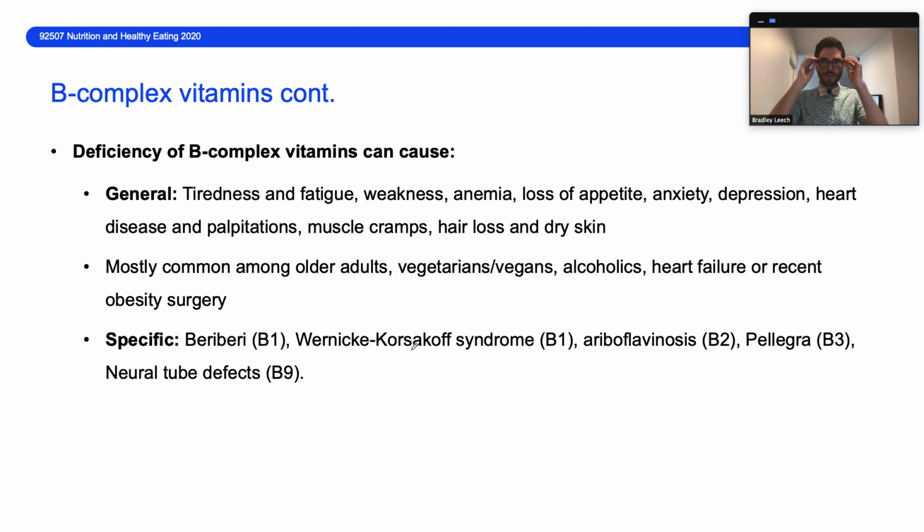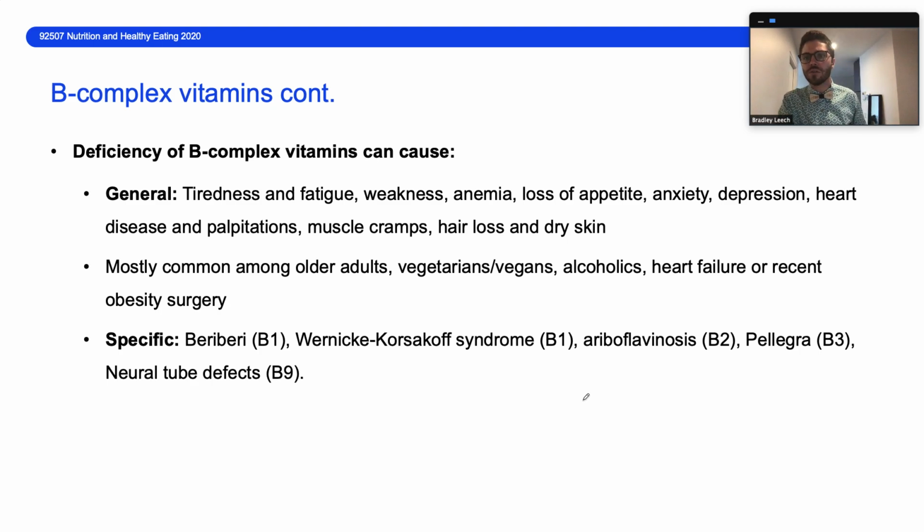Okay, let's look at some of the consequences of deficiency of B vitamins. Now, subclinical B vitamin deficiency is common within Australia. That is where you don't have a severe or acute deficiency of B vitamins. You just have a low-grade deficiency of B vitamins.